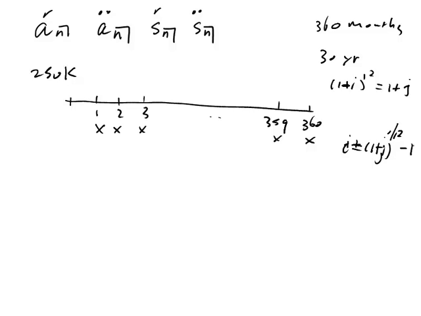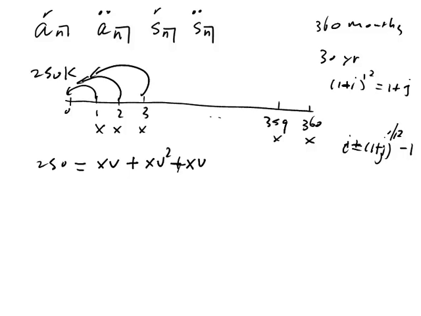By solving the equation, we say 250K equals your first payment X discounted to time 0. So this is XV, V the discounting factor. The second payment discounted back to 0 is XV squared. The third payment discounted to time 0 is XV cubed, plus all the way to XV to the 359 plus XV to the 360.